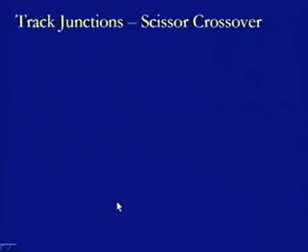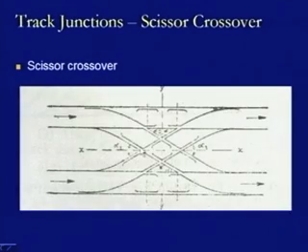We will look at the diagram of a Scissor crossover, and this is a typical diagram of a Scissor crossover where the 2 tracks are laid parallel to each other, and we are interested in providing a connectivity from both the tracks, so that we can take a turn from any of the track to the other track in either the direction. So, there is this connectivity being provided from this side, there is another connectivity being provided from this side.